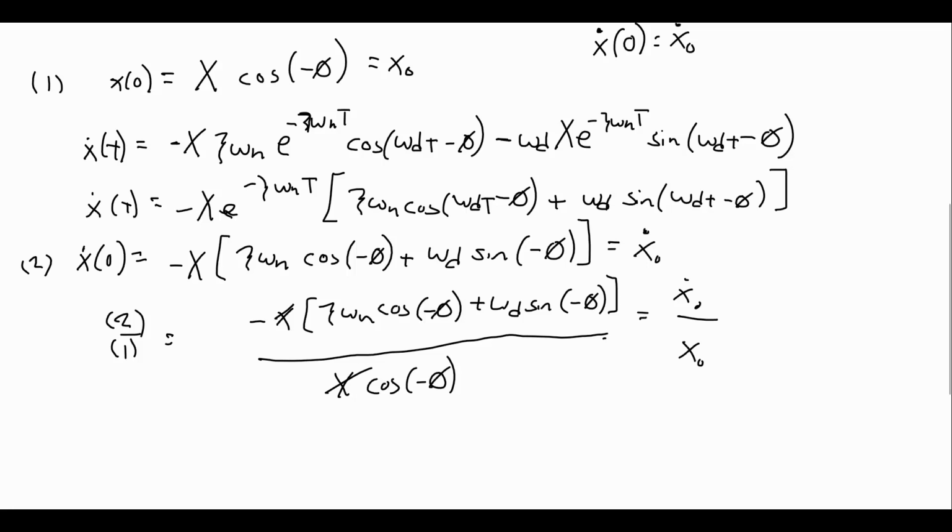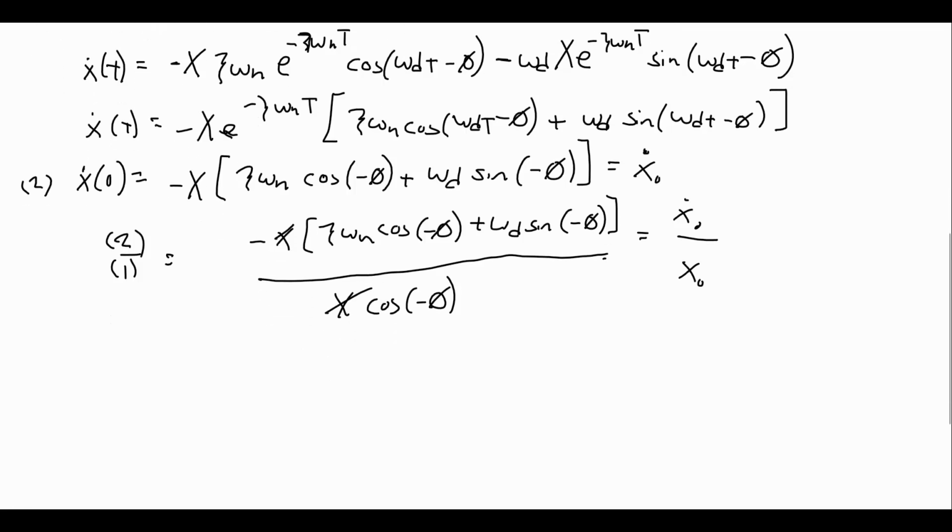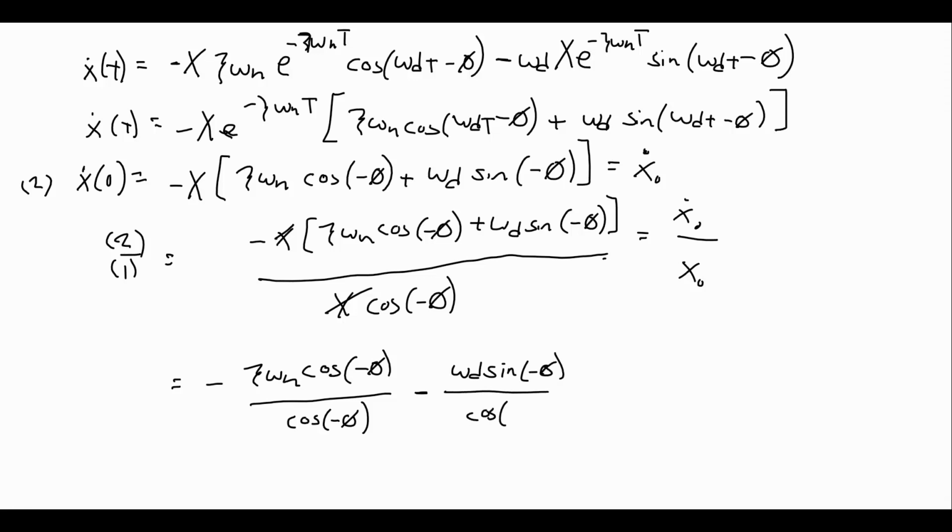And now I can split up my numerator. So I'll write this as negative zeta omega_n cosine of negative phi over cosine negative phi. And I'll distribute that negative inside, so minus omega_d sine of negative phi over cosine of negative phi.